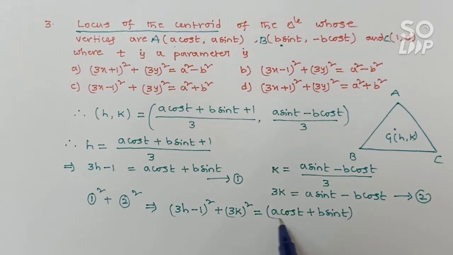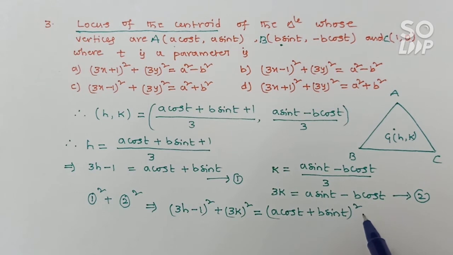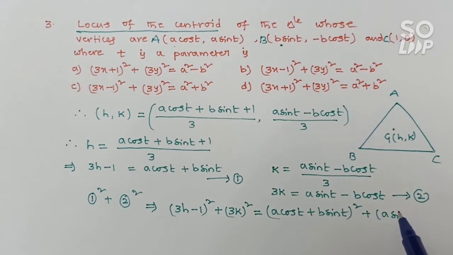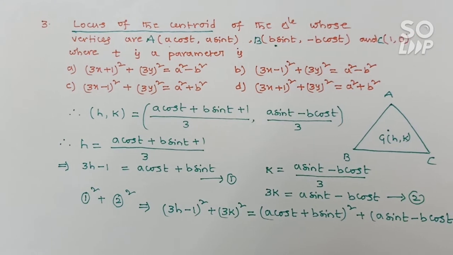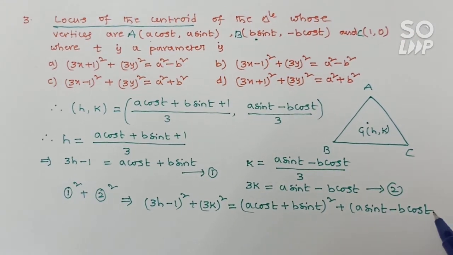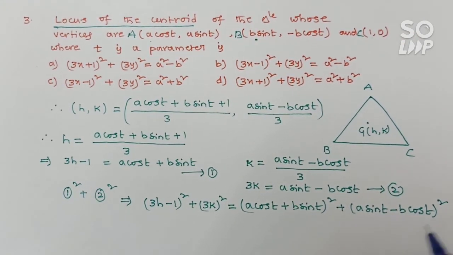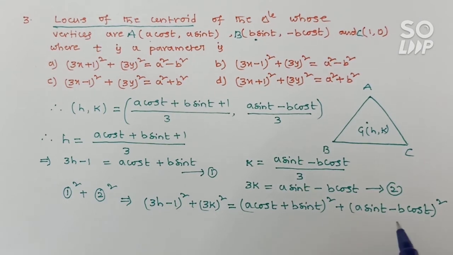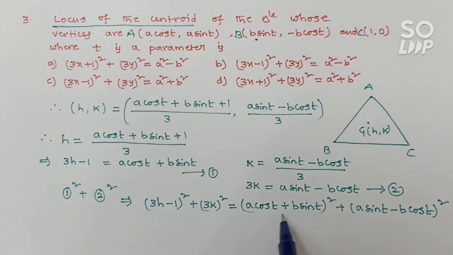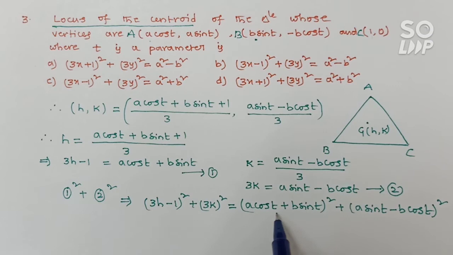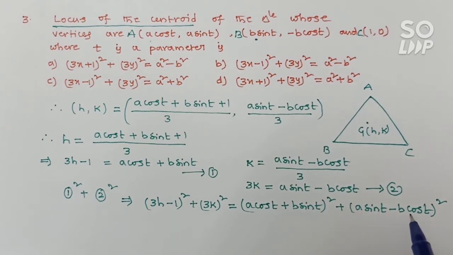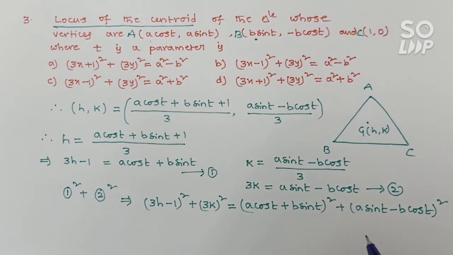plus a sin t minus b cos t whole square. Now you simplify the RHS value. This is the a plus b whole square expansion, and this is the a minus b whole square expansion.